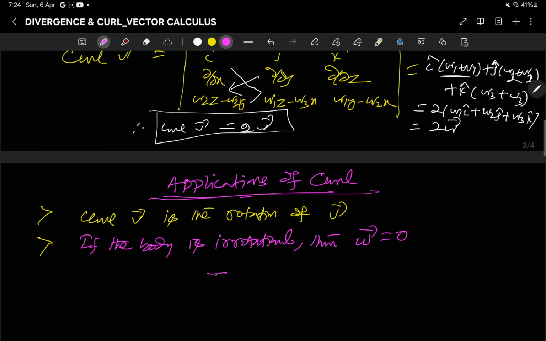So what does it mean? This implies curl of V is equal to 0. Once the body is irrotational, the angular velocity is 0, and angular velocity 0 means the curl is 0.